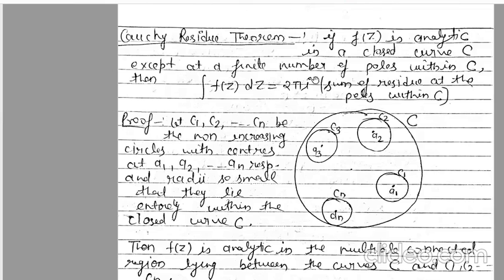Except at a finite number of poles. Finite number of poles means a1, a2, a3, and so on, an. These are the small circles with small radii and centers at a1, a2, a3, and so on, an, right? Then the integral of f(z) dz is equal to 2 pi i times the sum of residues at poles within C. That means 2 pi i into the sum of residues.